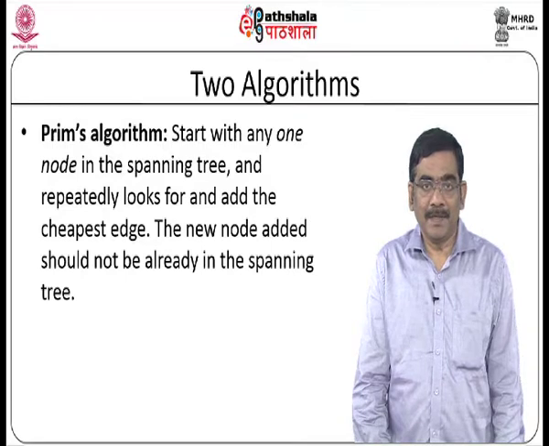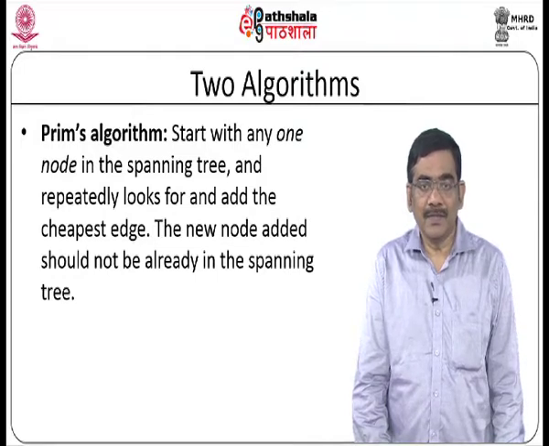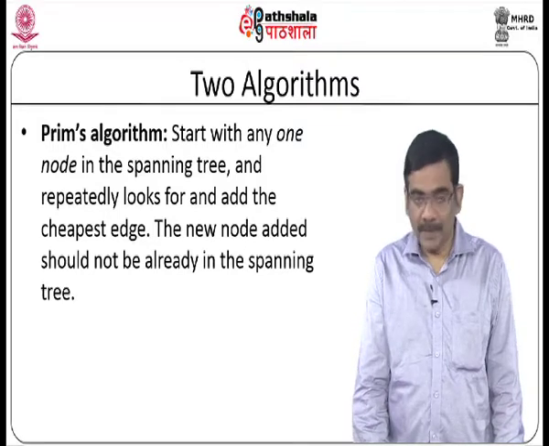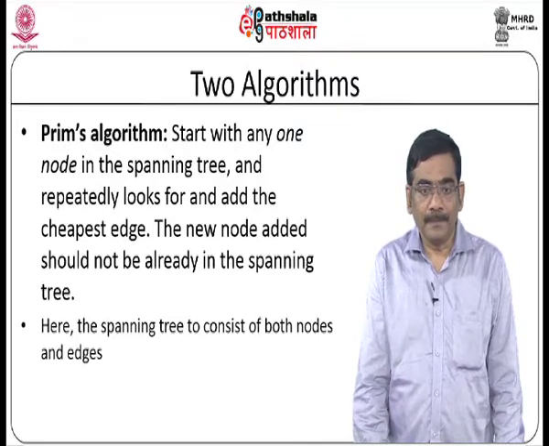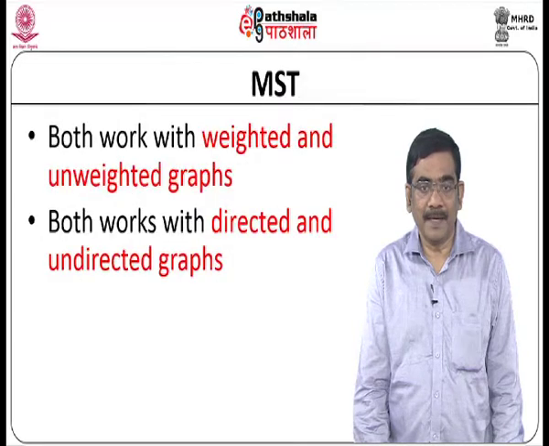So, that means the node that is not belonging to the same subset where the source vertex is present. If any such nodes are there, then we are adding that. So, in this we not only look for the edges, but also the nodes. That means both nodes and edges are the important criteria for Prim's algorithm.